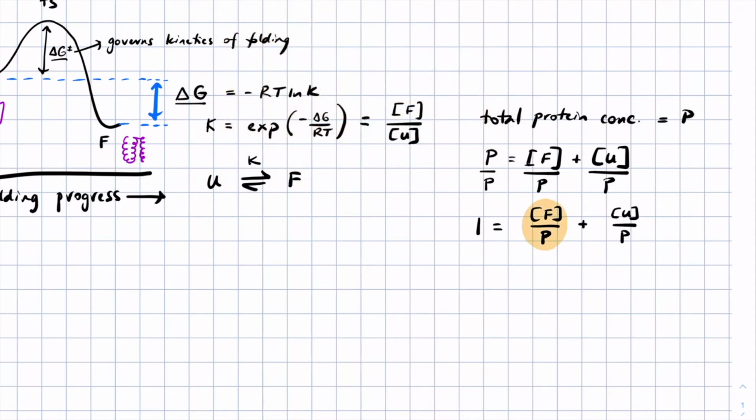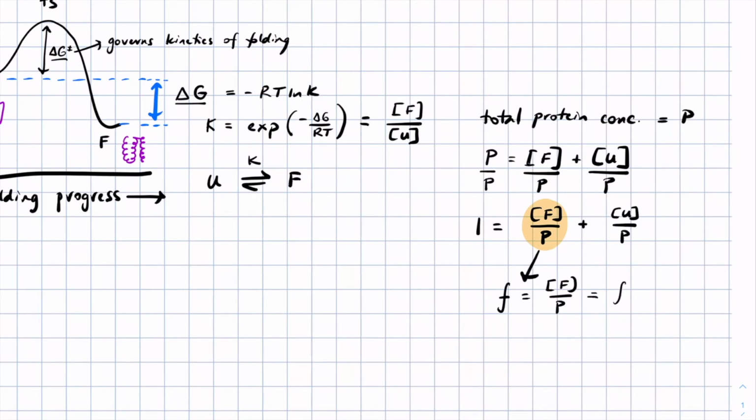And if we now take this number and call that f, and I'm not sure how we should, let's just use a lowercase f, equals the concentration of the folded conformation divided by the total protein concentration.